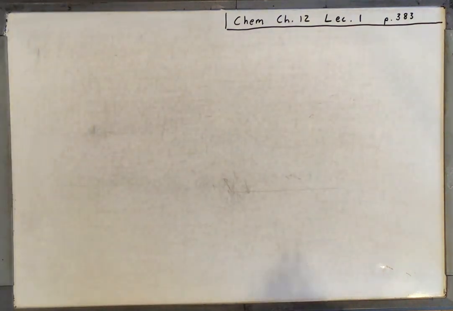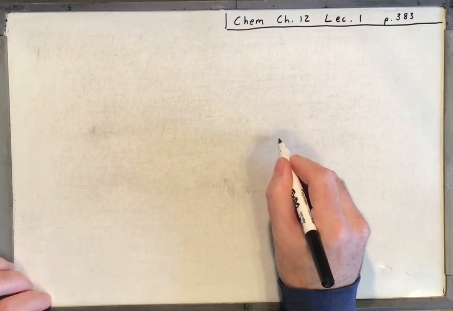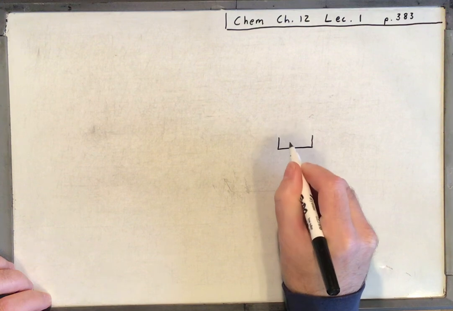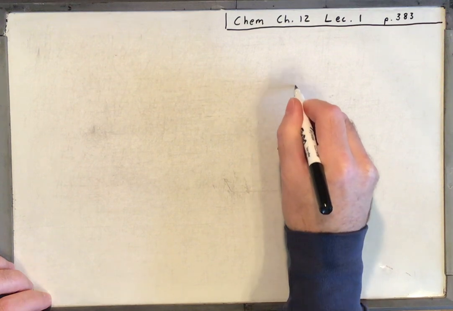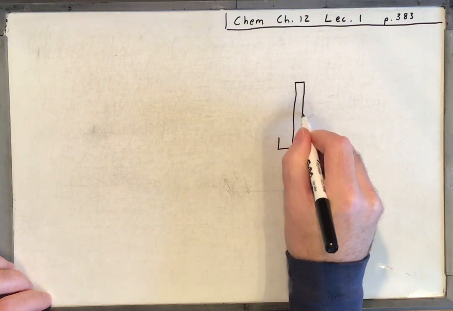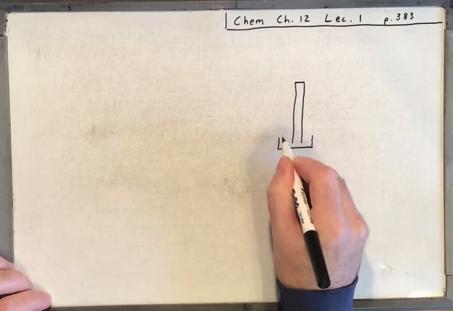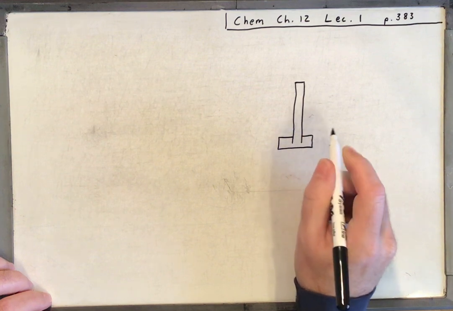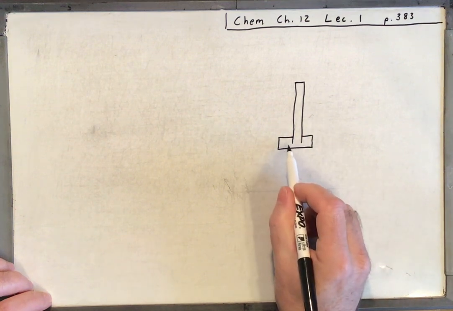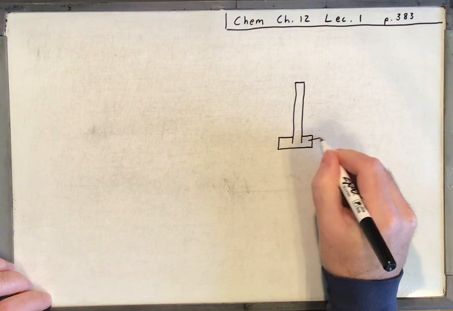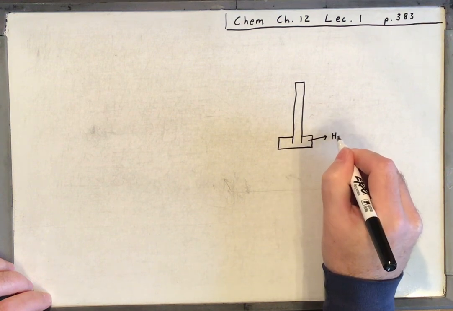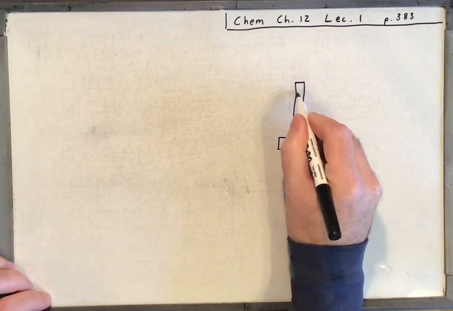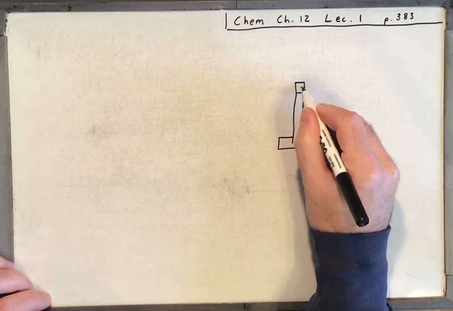Now, you may have heard of something called a barometer, so I want to explain that real quick. With the barometer, you basically have a tube that is sitting inside a container that is filled with mercury, which is a very heavy liquid metal, and up at the top we have a vacuum.